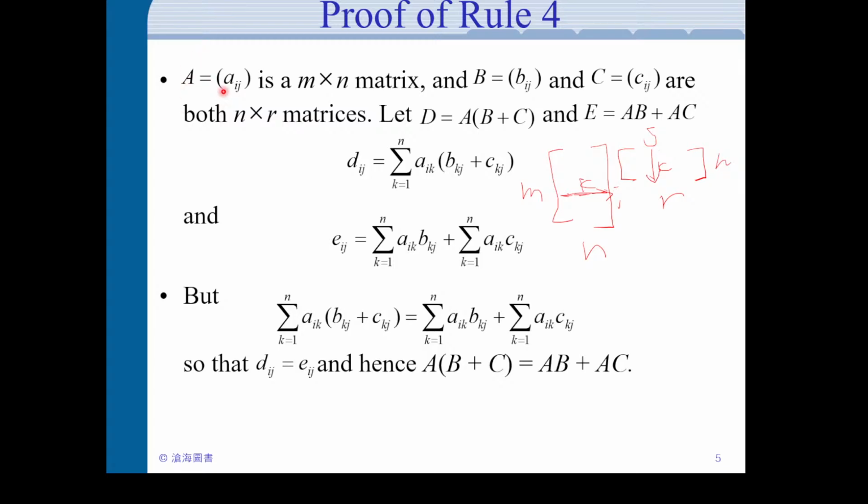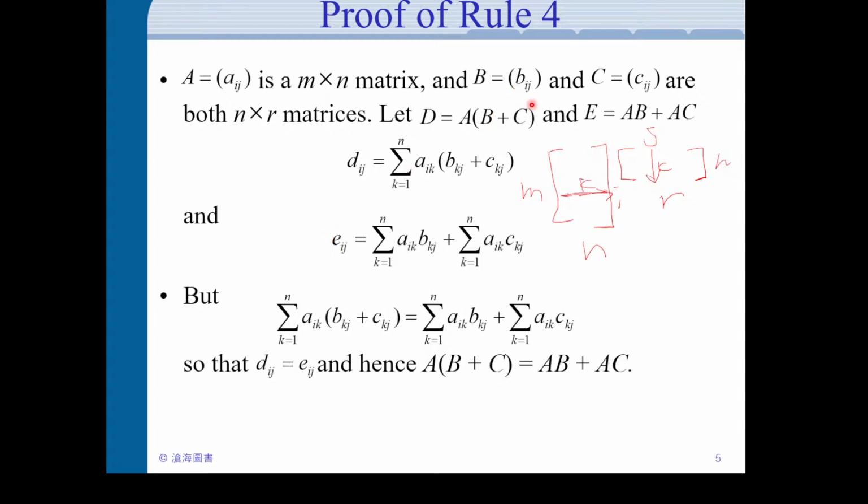But anyway, A has element Aij, B has element Bij, and C has element Cij. Then we also name these matrices: D is A times (B plus C), and E is AB plus AC. Let's go by the rule and see what the elements Dij and Eij are.